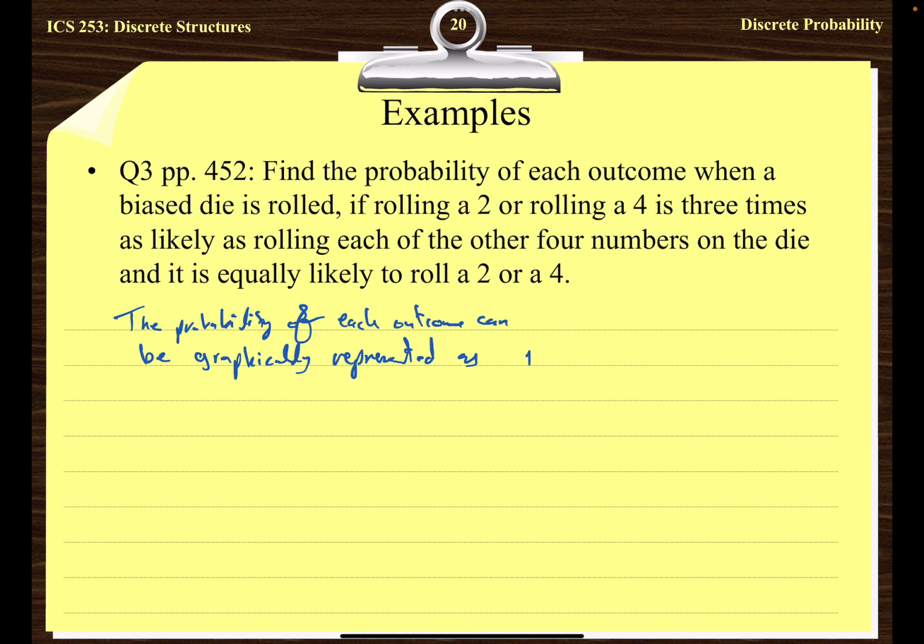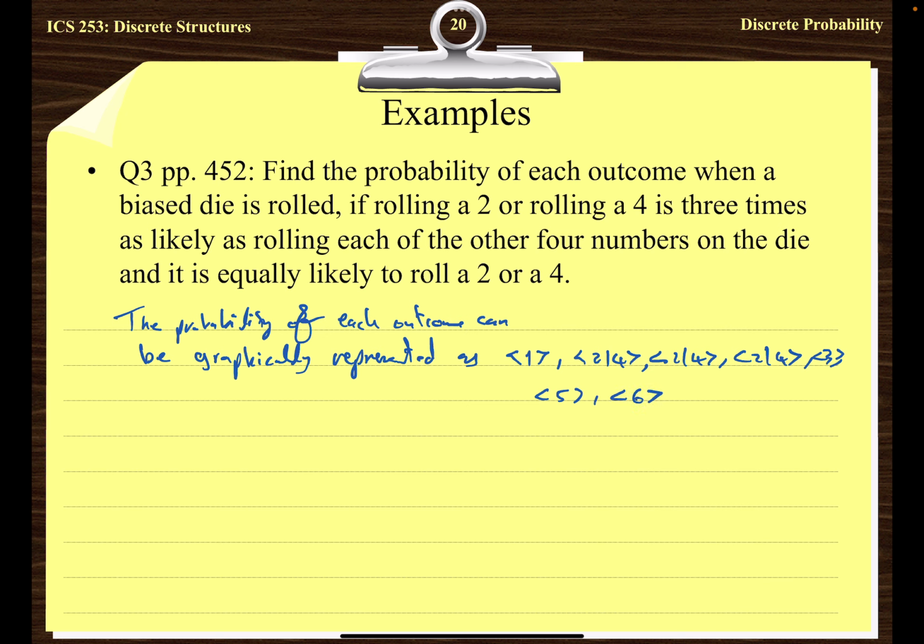I have 1. If 1 appears once, 2 or 4 appears how many times? 3 times, right? 2 or 4. And then I have 3, 5, 6.